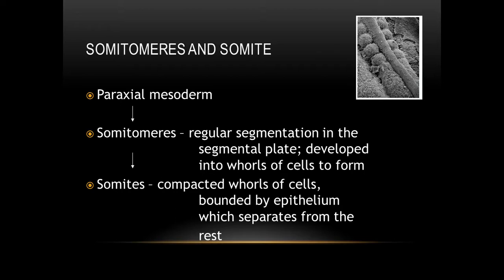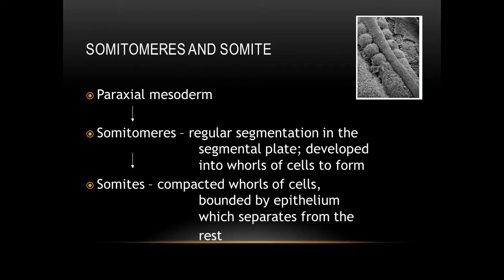The central cavity is where the apical portions of the cells are facing, and these apical surfaces of the cells comprising the somites are bound together by tight junctions. Then the external surface of the somites is bound by a basal lamina.